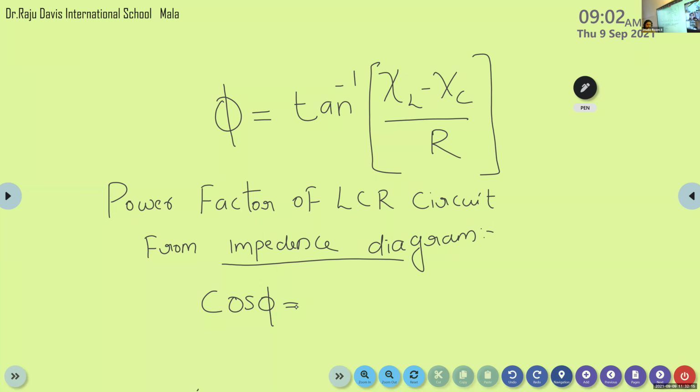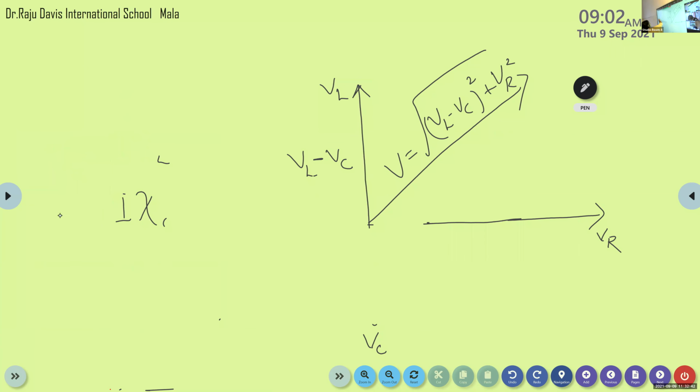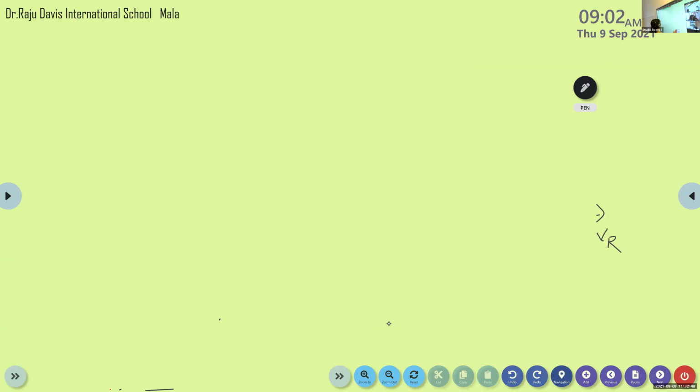Cos theta is the adjacent side divided by the hypotenuse. So the power factor cos phi is the adjacent side divided by the hypotenuse.